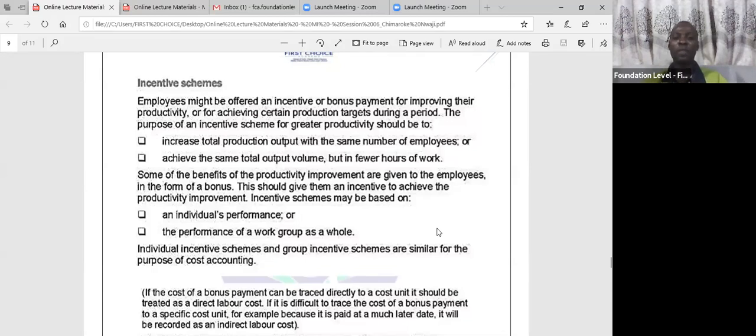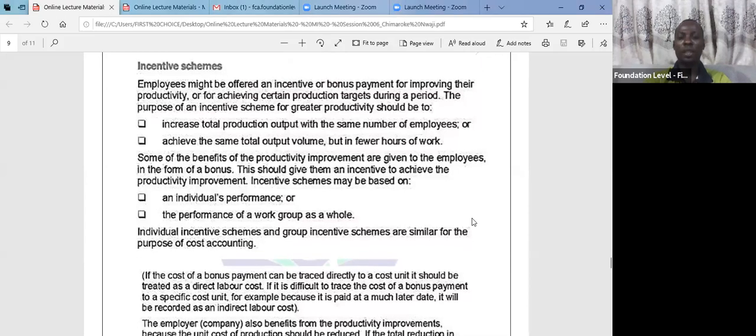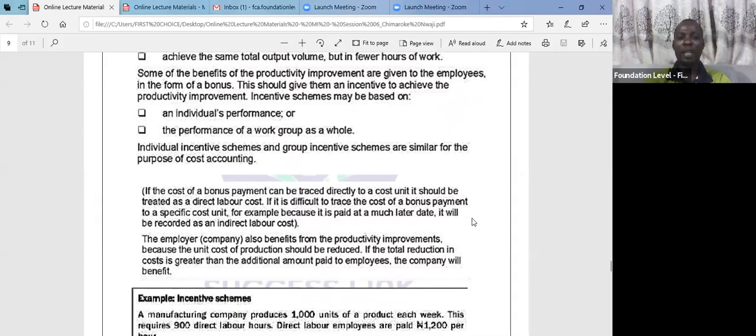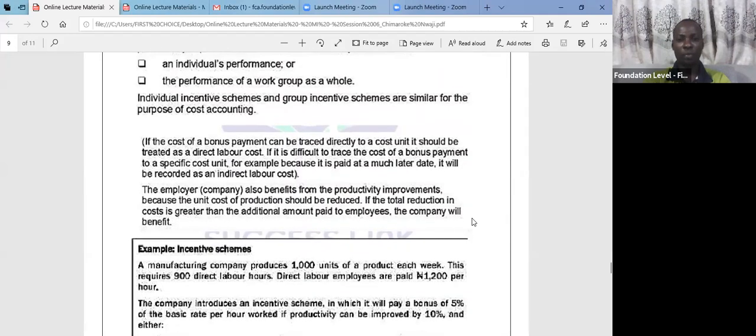Some of the benefits of productivity improvement are given to the employees in the form of a bonus. This should give them an incentive to achieve the productivity improvement. An incentive scheme could be based on an individual's performance or the performance of a group.